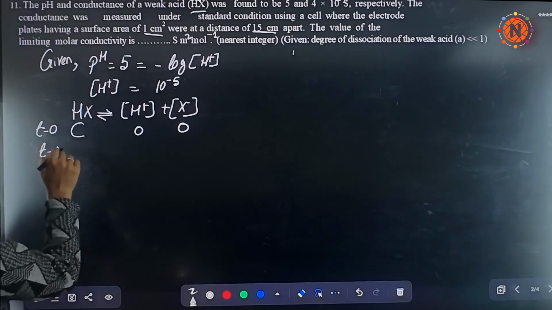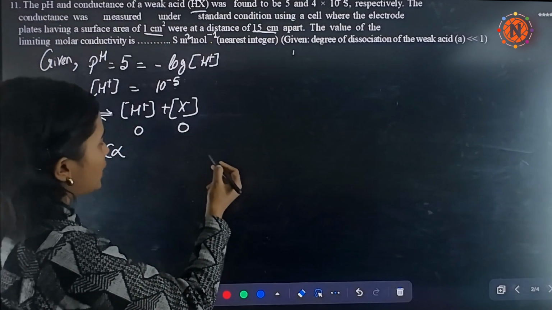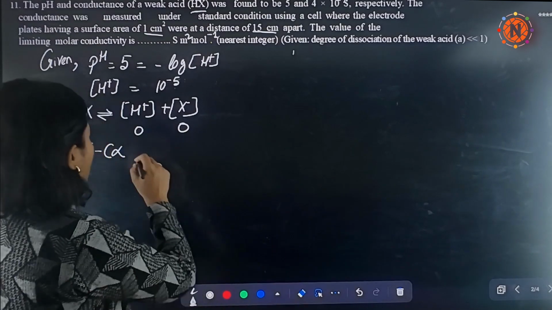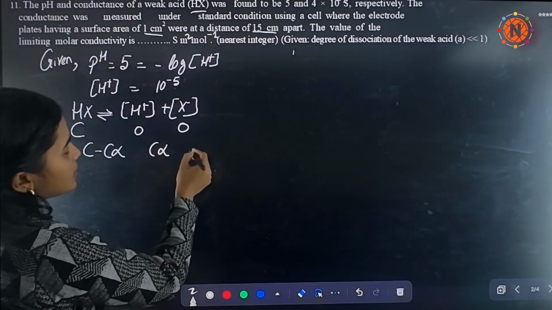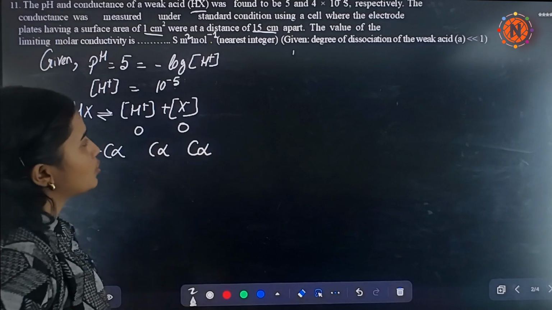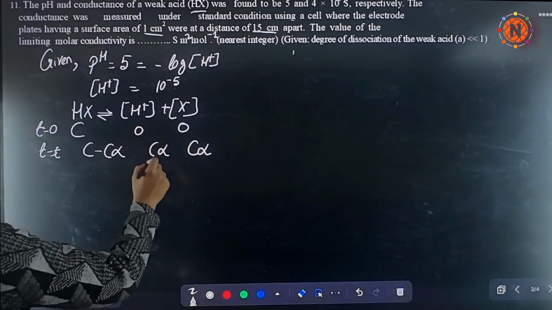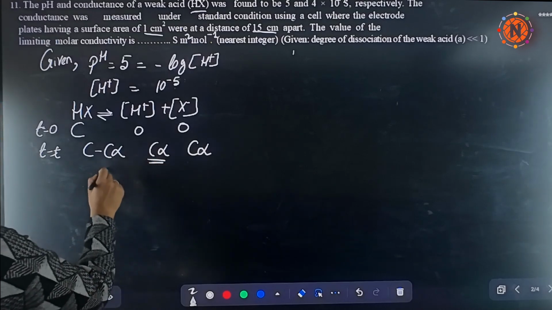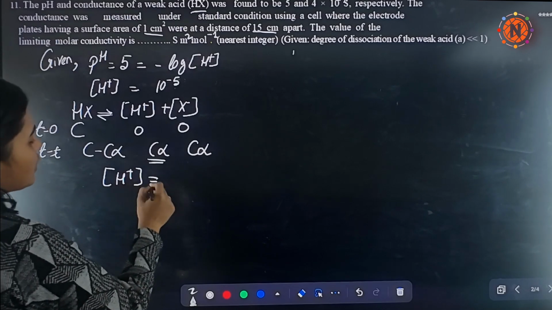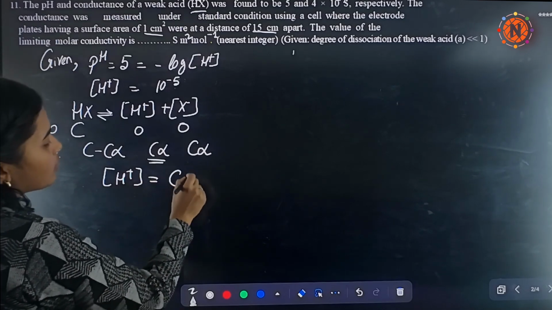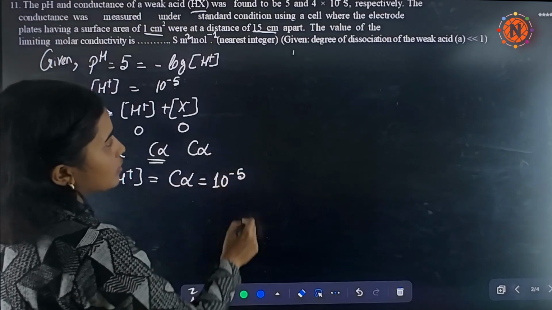With time, some of the HX got dissociated, and we got C alpha concentration of both the ions. Now we can write the H plus concentration as C alpha, that is equals to 10 to the power minus 5, correct?